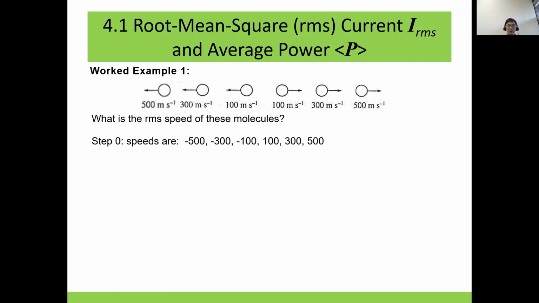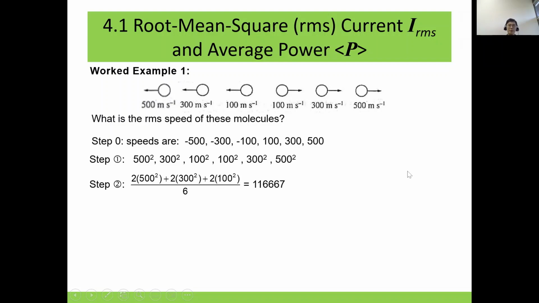The first step is to list out the speeds. If you take rightwards as positive, the speeds here are minus 500, 300, 100, 100, 300, 500. Remember the first step of a root mean square is to square. So you square all of them and take the mean.